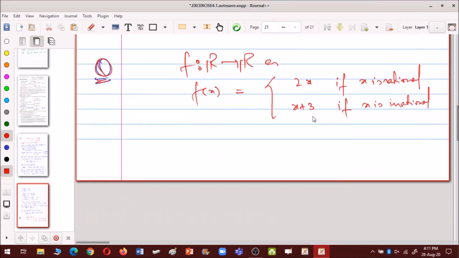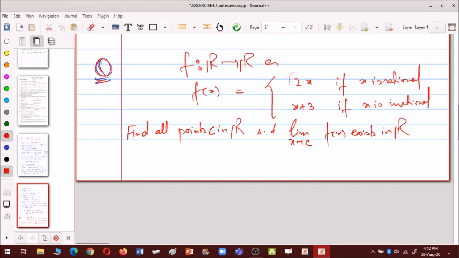So to find all points C in R such that limit x tends to C, f(x) exists in R, what you will do is just equate these two.